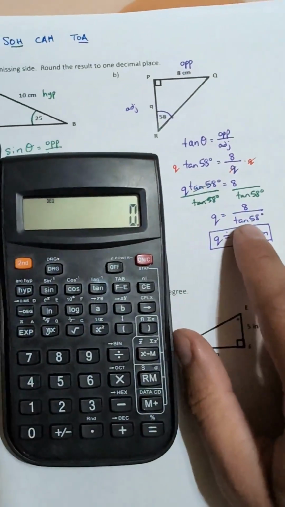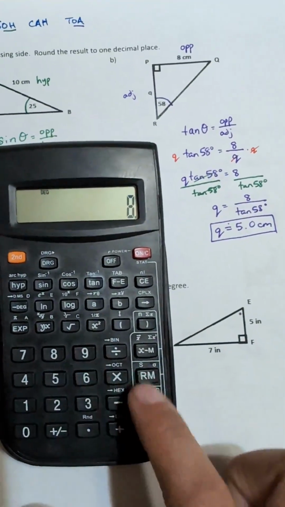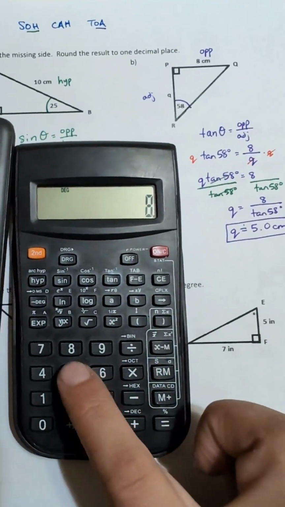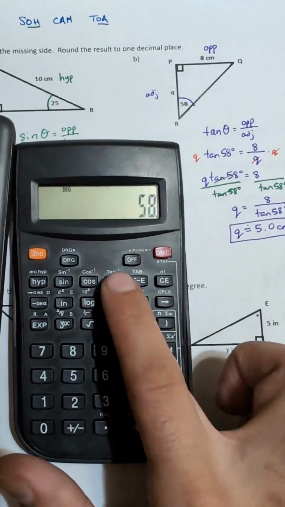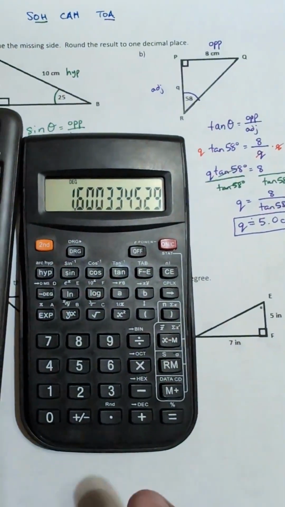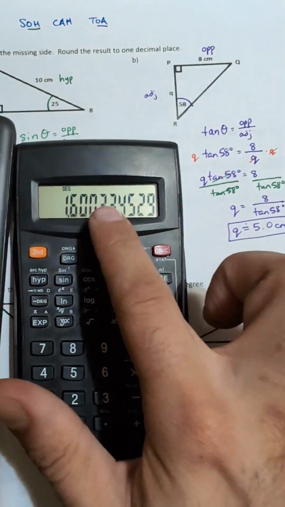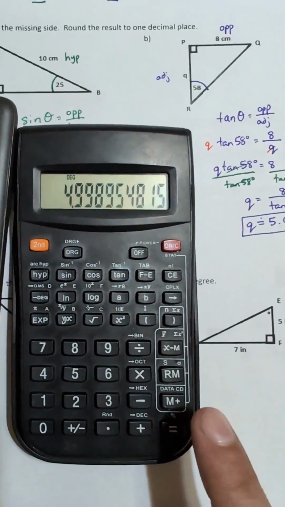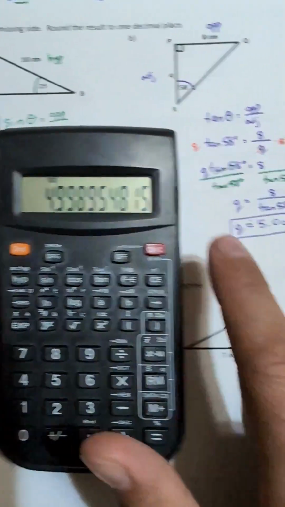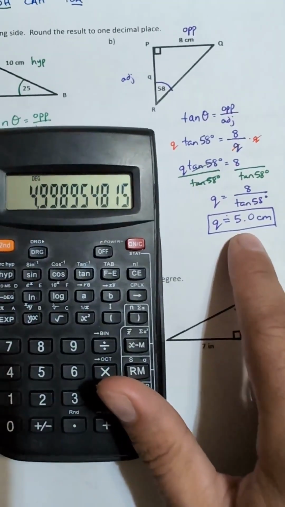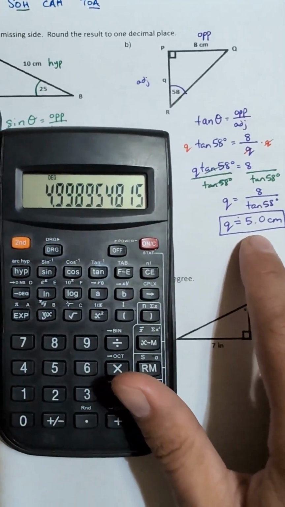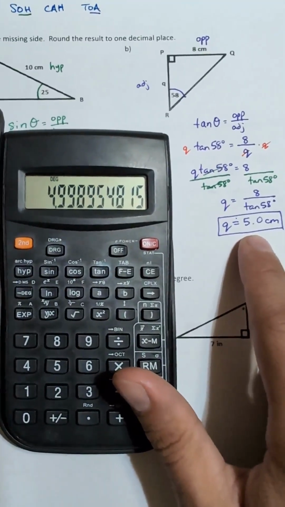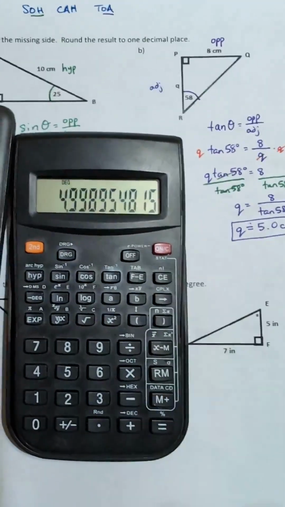But if I try to put this in my calculator, I've got to go 8 divided by, and I want to do tan 58, so I've got to go 58 tan, and that's what tan 58 is equal to. So now to finish the division, I hit equals, and I get that same number here. So the order is quite a bit different, which can be annoying, but it should still work.